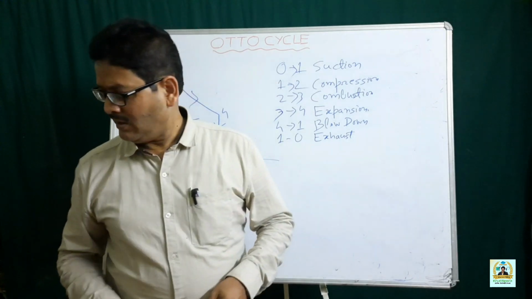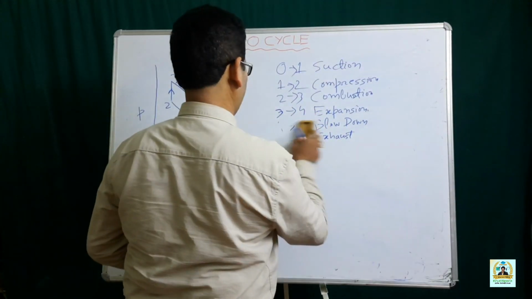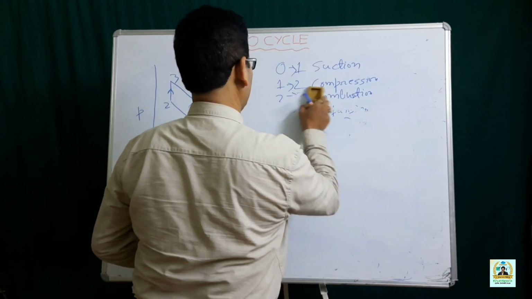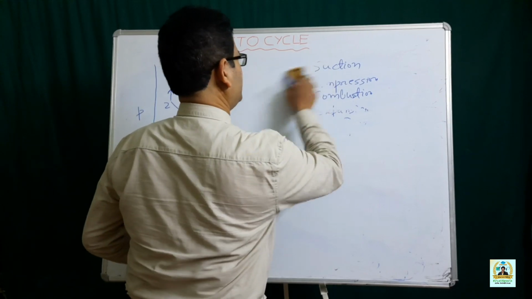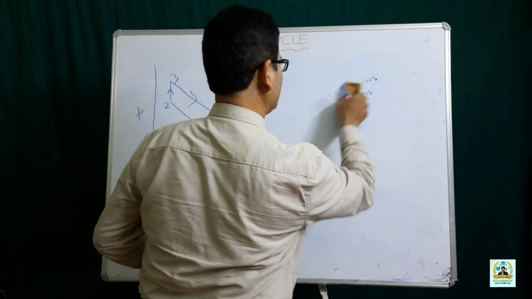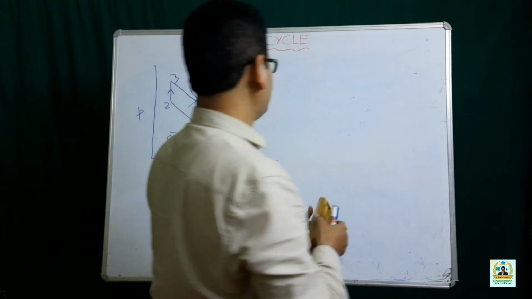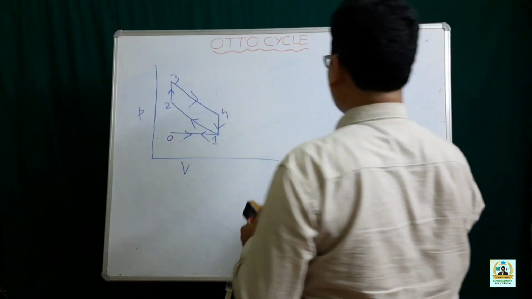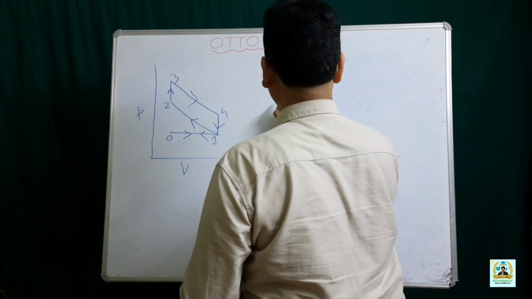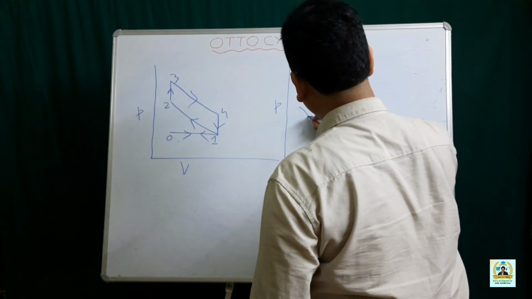Now, I will consider the thermodynamic cycle. The thermodynamic cycle is almost the same as the mechanical cycle, but the thermodynamic cycle doesn't consider the suction as well as the exhaust process. You can see the PV diagram here also.